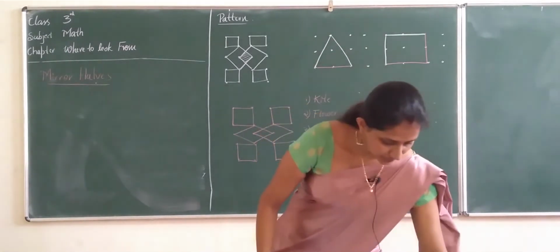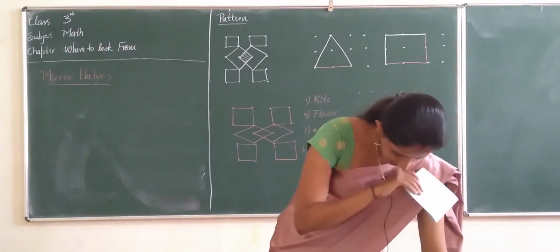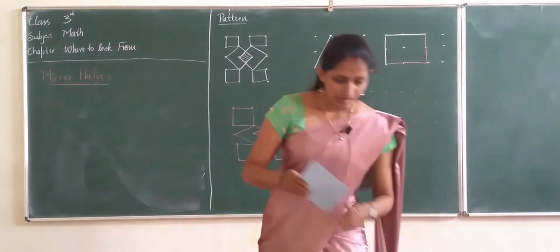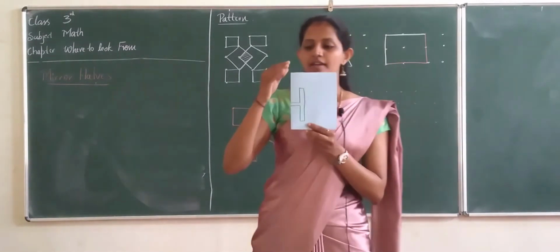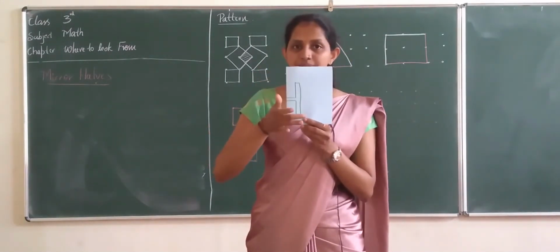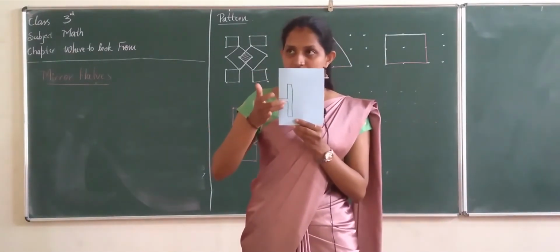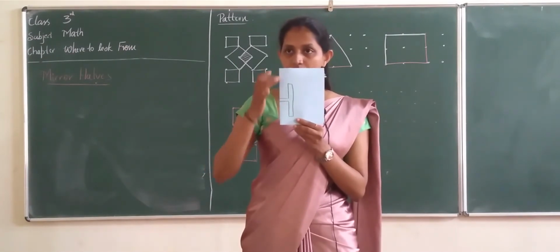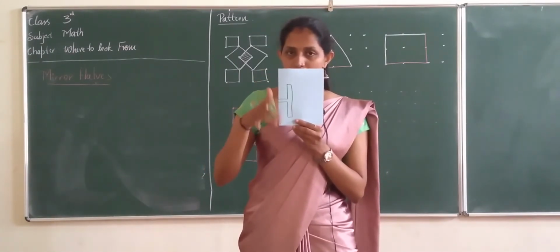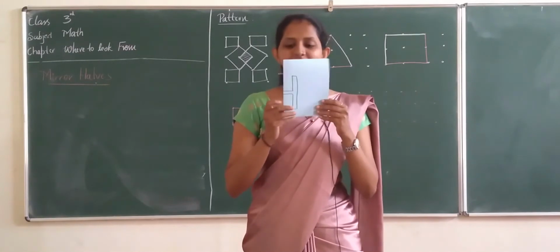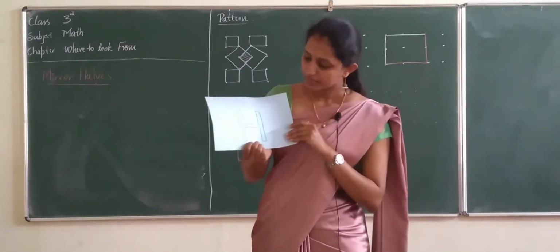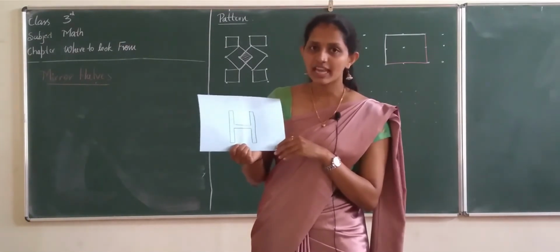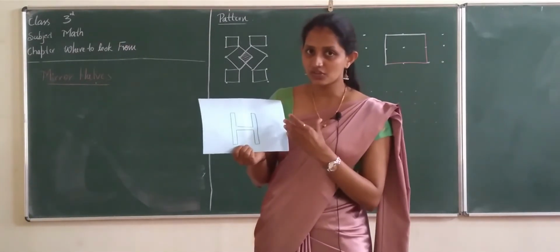Can you guess this letter? I wrote only half of it. In the alphabet we have this letter. Can you guess? It is an H. Somewhat you can identify the objects, no?